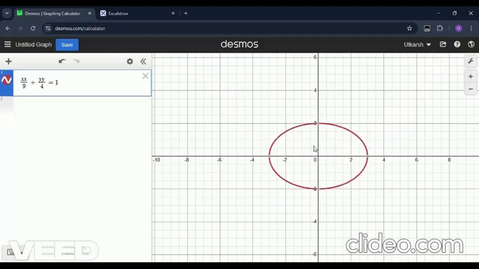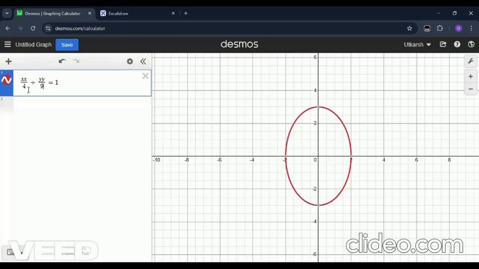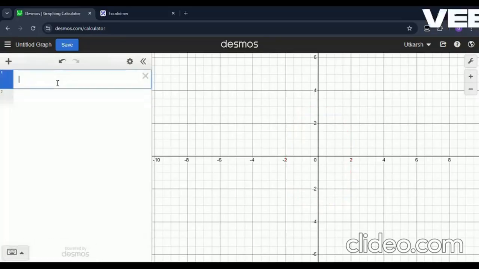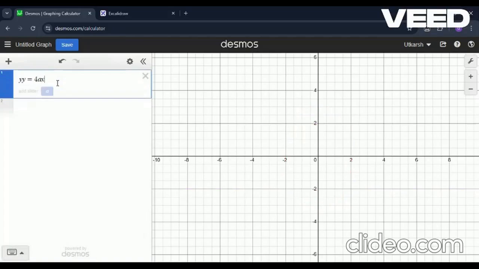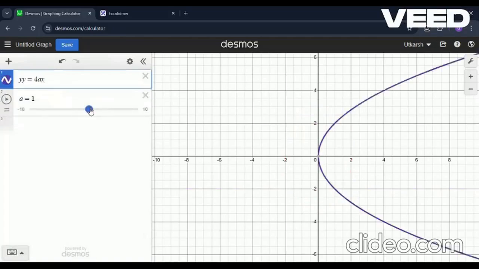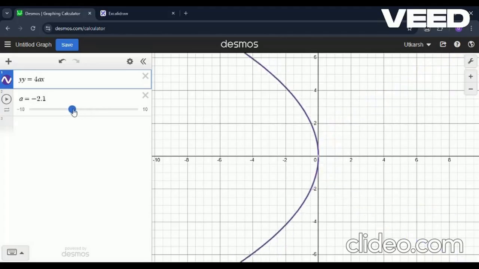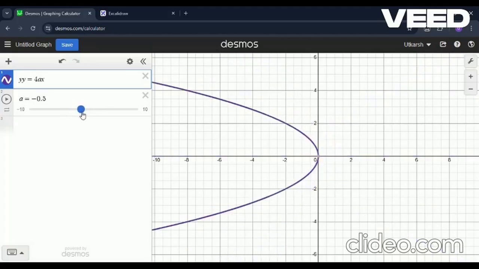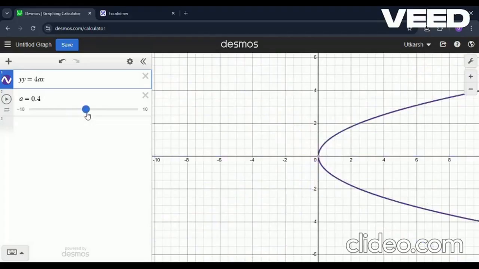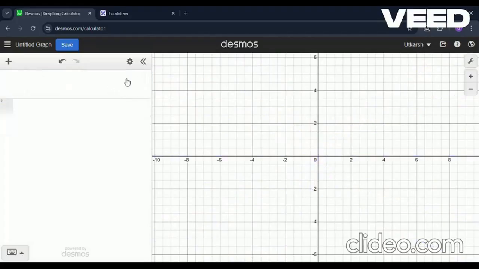Yeah, so a horizontal ellipse, or maybe if you change the values like 4 and 9, you'll obtain a vertical ellipse. Or maybe a parabola, changing the values of a, you'll obtain different types of parabolas. So all these equations will give you a particular curve.